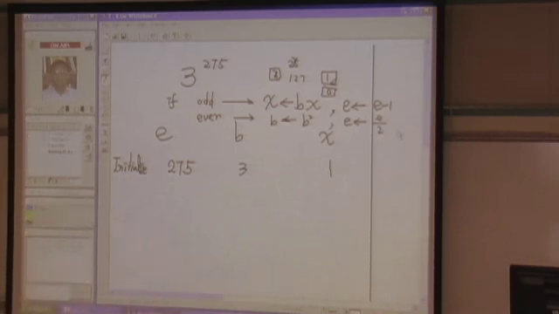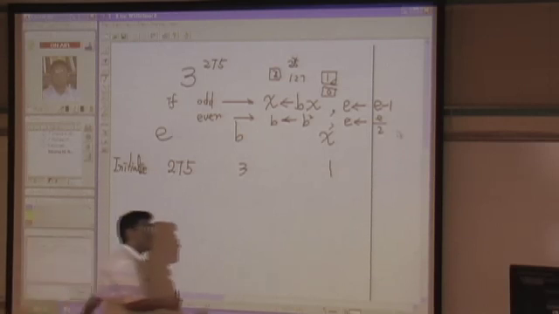Each time 2 things change. Exponent reduces following that. If it's odd, it just becomes even, so it is like e minus 1. That way we make e an even number. If it's an even number, then you can divide by 2. Because it's even, there is no problem. So exponent changes and the number changes. So let's do it.